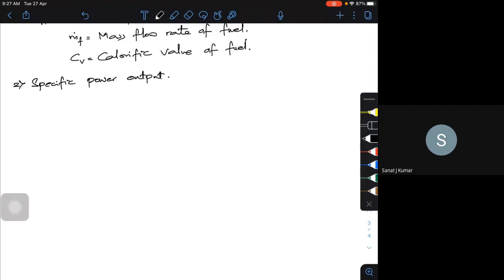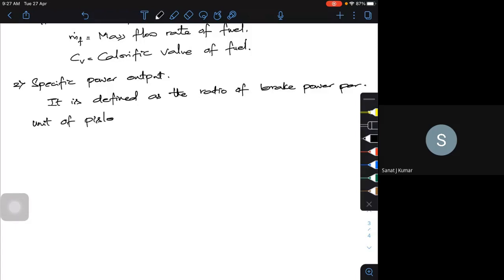Mathematically, specific output is equal to brake power divided by the piston displacement, L into A, where L is the stroke length and A is the cross section area.